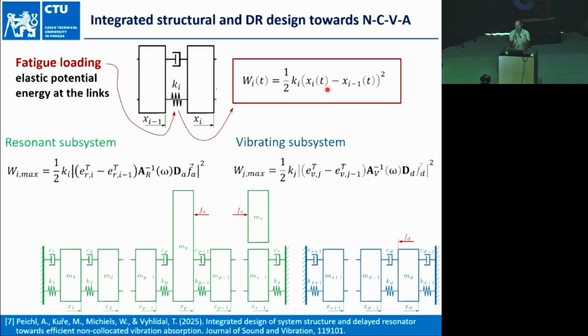We just take the difference, it's just potential energy, and here we have the stiffness of the springs, and by this we can express this elastic energy for each of the links in the setup.